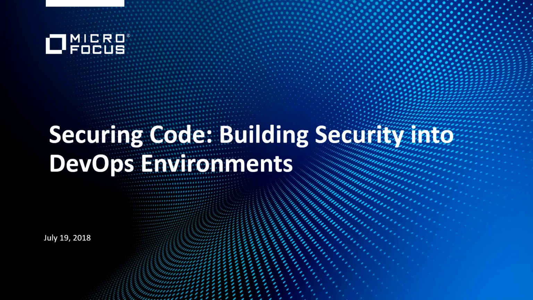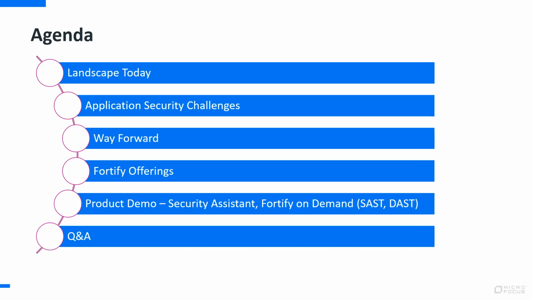So today I'm going to go over just a couple of items here. I'll try and keep it short so that we can get to the happy hour and socializing part. I'm going to go over the security landscape today. I'm going to go over some of the challenges that application security has, especially when we talk about working in a DevOps style environment. Then I'm going to talk about the way forward, or how we can overcome some of those challenges. I'll briefly discuss some of the Fortify offerings.